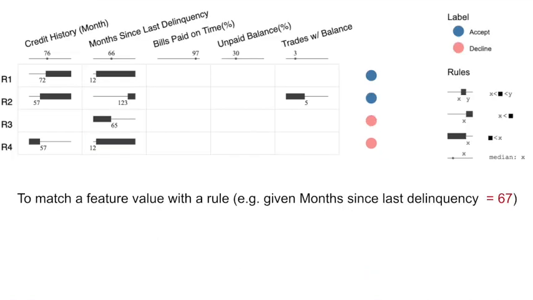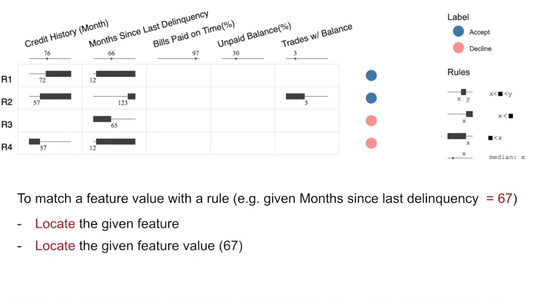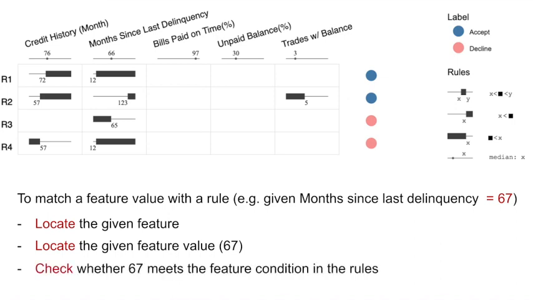And if we want to know what rules a feature value may match, we can roughly do a visual comparison in this view. For example, given months since last delinquency equals 67, what rules may it match? To do the comparison, we can first find the feature column, and imagine the position of the given value based on other number positions, then we just check whether this value position can be covered by any black rectangles.